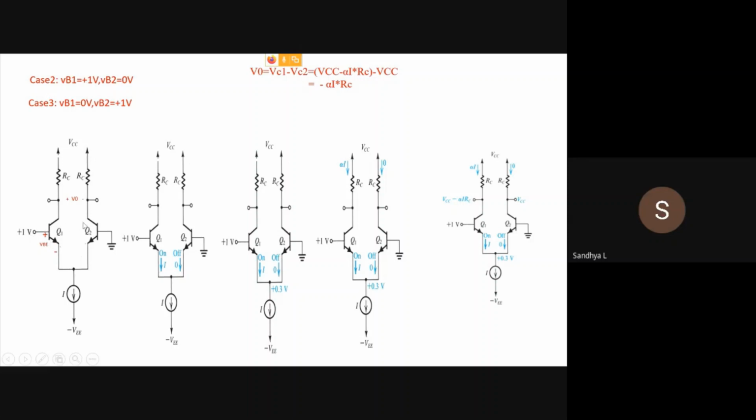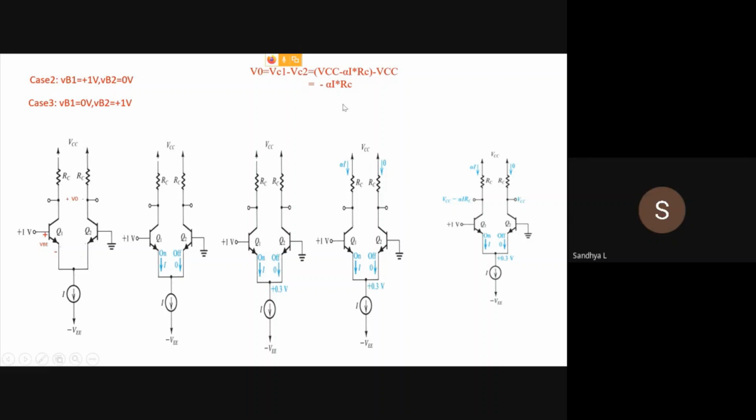That is, Q1 will be off, Q2 will be on. Q1 off, Q2 on means current will flow entirely through Q2. No current will flow through Q1. So here we will have 0, and here we will have alpha I, and VC1 will be VCC, and VC2 will be VCC minus alpha I into RC.